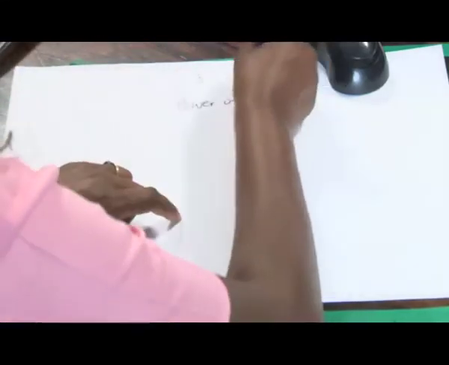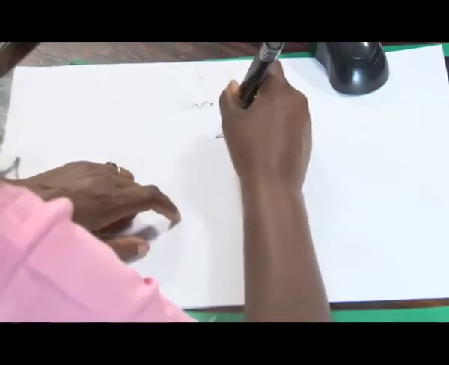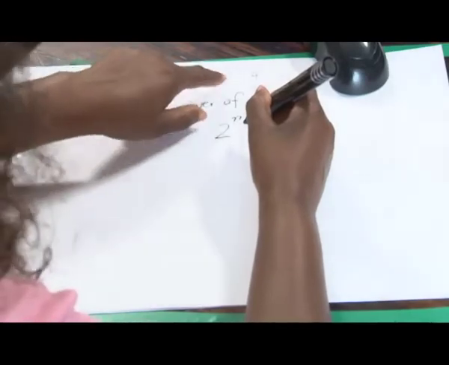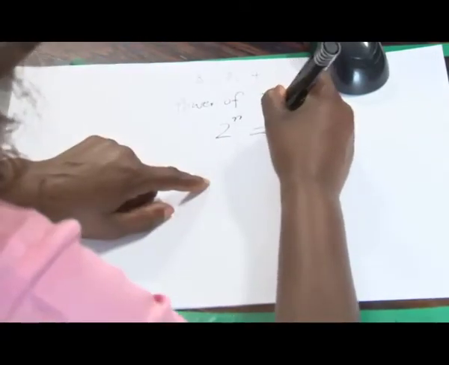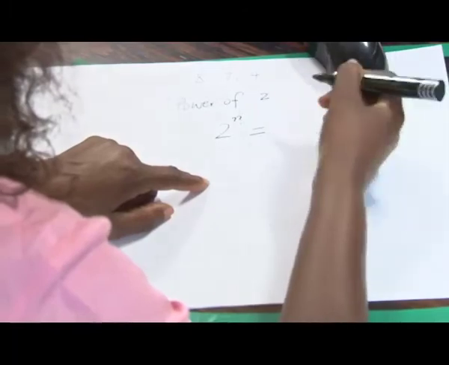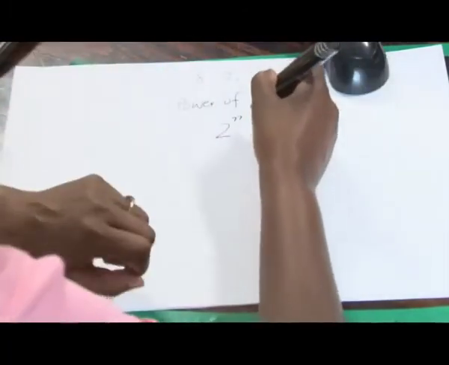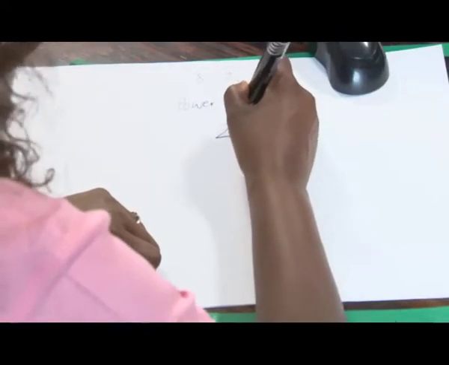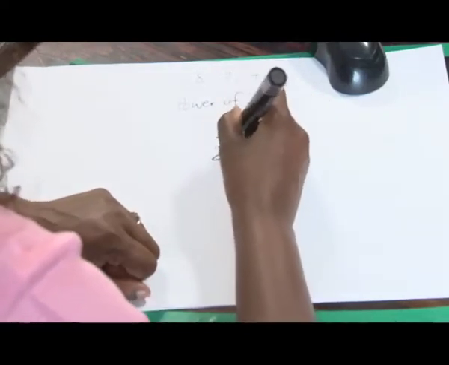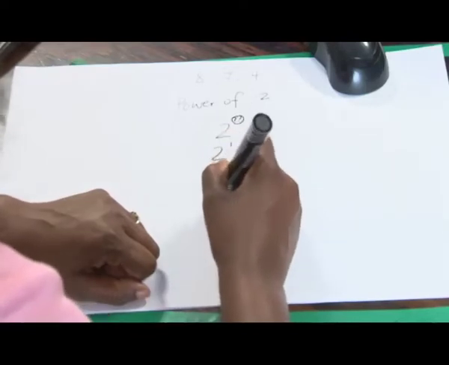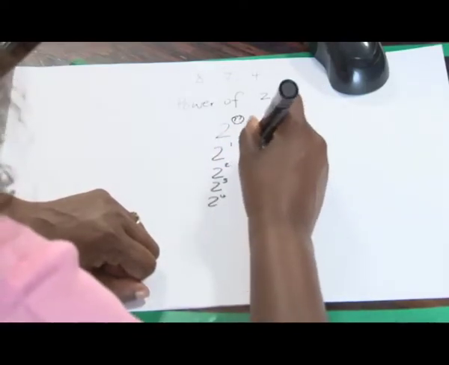So you want to find which of these numbers, 2 power what, gives you either 1, 8, or 7. Which one is a power of 2 here? If you're talking about powers of 2, we take 2 power 0, 2 power 1, 2 power 2, 2 power 3, 2 power 4, etc.